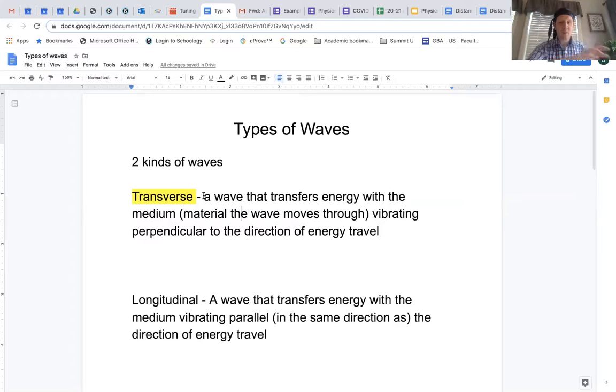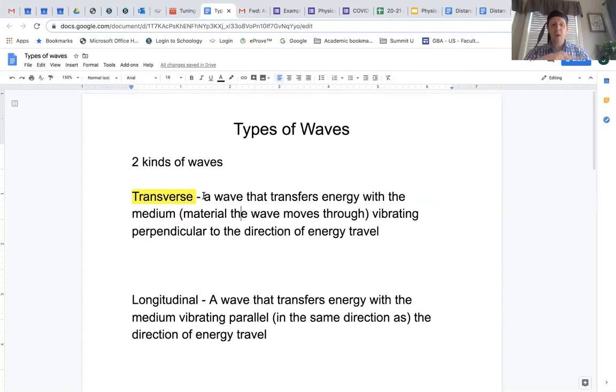That sound was leaving the tuning fork and traveling through air to the microphone of my computer. So that's the medium. Now, ocean waves, the energy travels through the water in the ocean. The ocean water is the medium, the material that the wave energy transfers through.